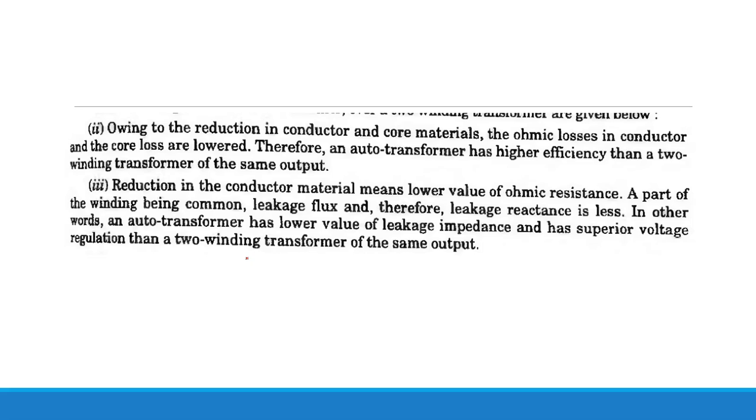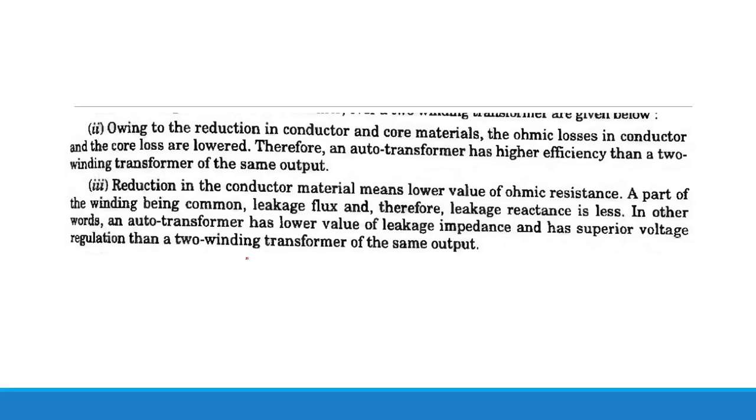When you utilize less conductor, the I square R losses will be less. The second thing is that there is also a reduction in the core material. The quantum of material required for the construction of the core is also reduced, so core losses will be less. When the losses are less, efficiency will be high. So that is another advantage.